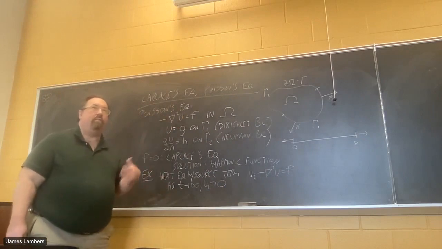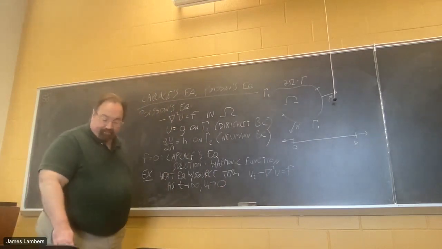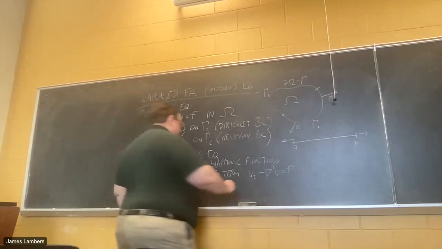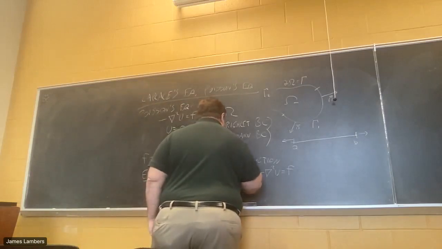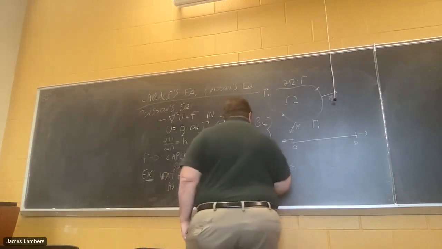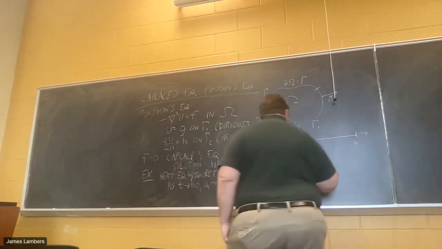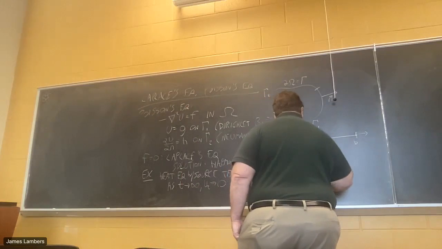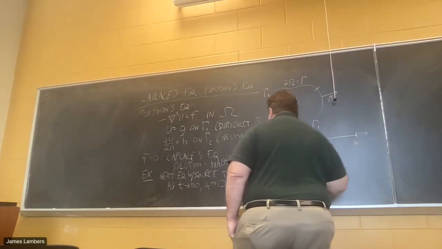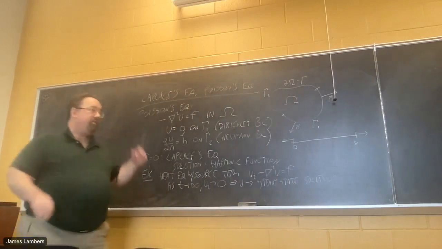For instance, for the wave equation, you do not have this kind of behavior. What that means is u converges to what's called a steady state solution. Even though the solution in general is time dependent, as t goes to infinity, it's going to converge to something.